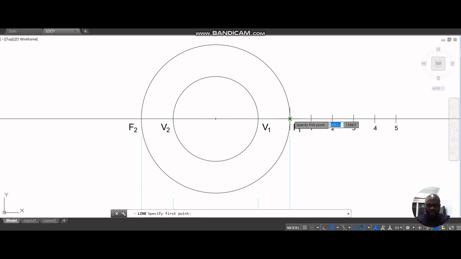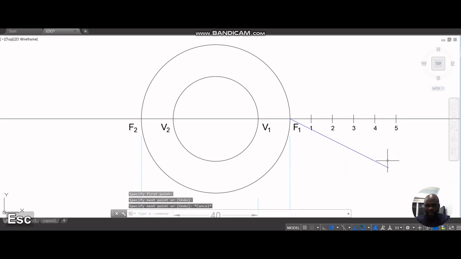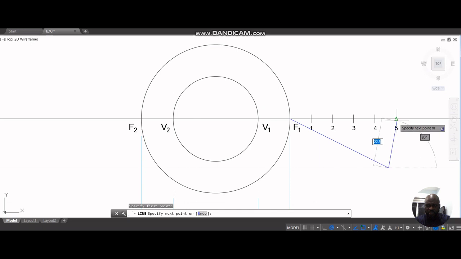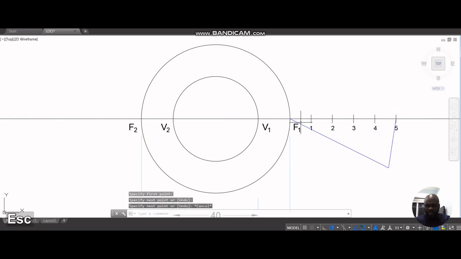I didn't want to waste too much time, so as not to make this video long. To divide this into equal parts, you could take any distance. In this case, I've taken 50 as my depth, and from 1 to 2 is 1 centimeter. So I have 5 divisions. You could actually use this method to divide into 5 equal parts for your construction.